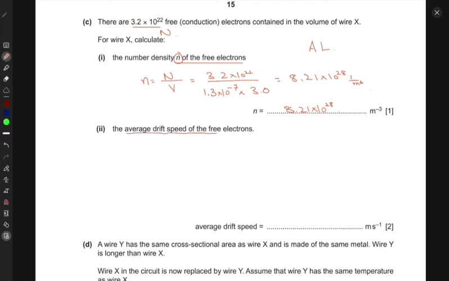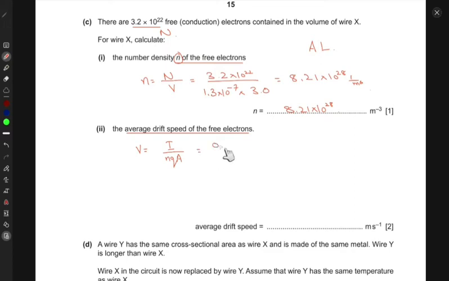Next, the average drift speed of the free electrons. We know that the average drift speed is given by I over nqA, where I is the current that flows, n is the number density, q is the charge, and A is the cross-sectional area.